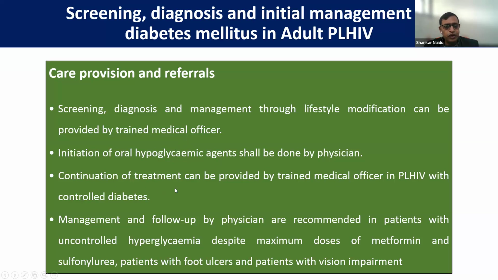Then continuation of treatment can be provided by the trained medical officer, especially in patients who have controlled diabetes. And management and follow-up by a physician are recommended in patients who have uncontrolled hyperglycemia despite maximum doses of metformin or sulfonylurea, or in patients who have complications like foot ulcers, retinopathy, neuropathy, or nephropathy.